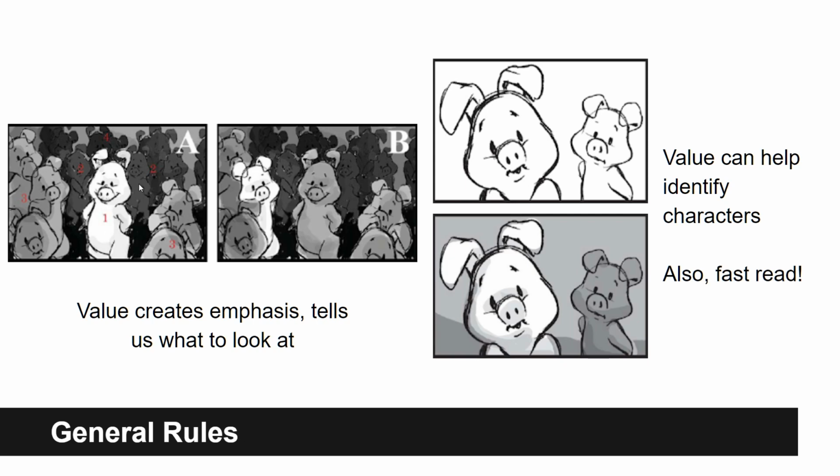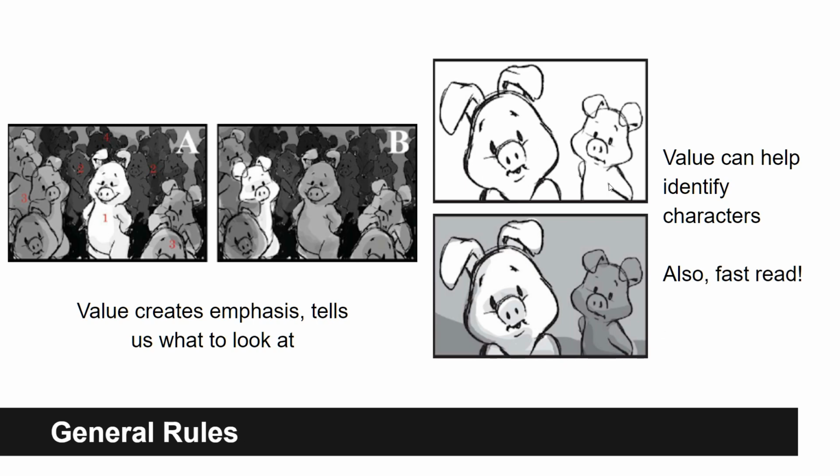You can even see there's numbers. I don't know if the numbers necessarily refer to their importance, but you can see them kind of grouped together, right? In this case, we just switched it to a different character, but you can see between these frames that it feels like there's a different emphasis on who we're supposed to be looking at. Here, I know I'm supposed to be focusing on this pig, and here I feel like I'm supposed to be focusing on that pig. So it tells us what to look at.